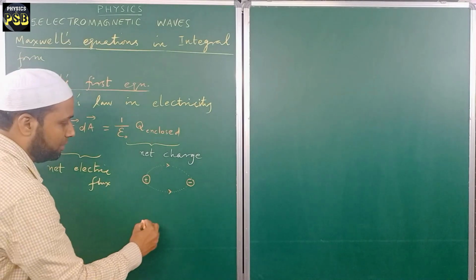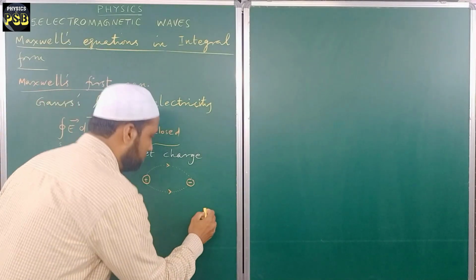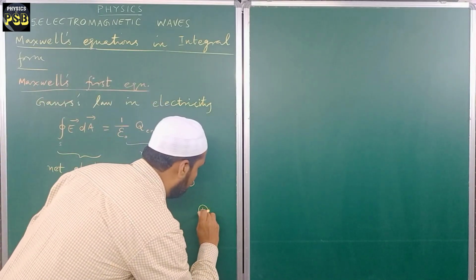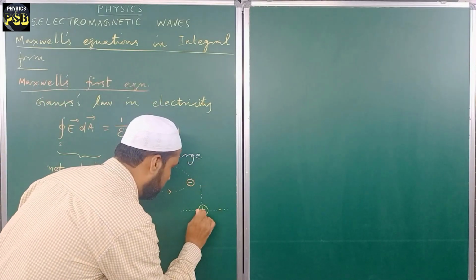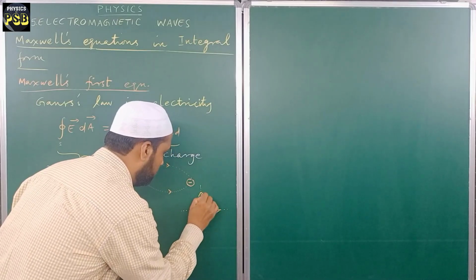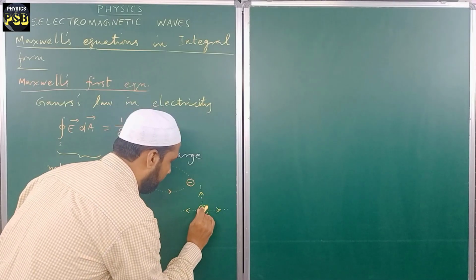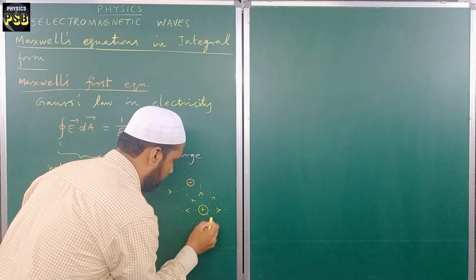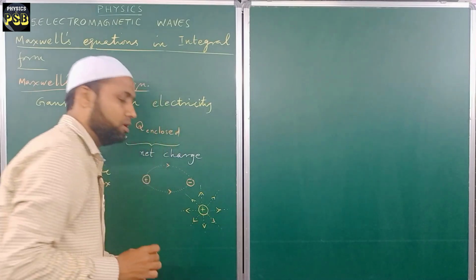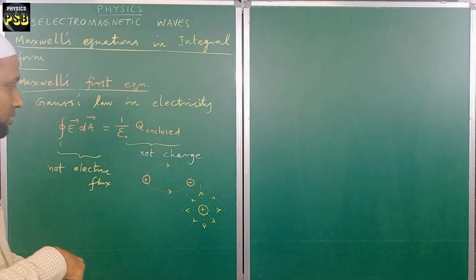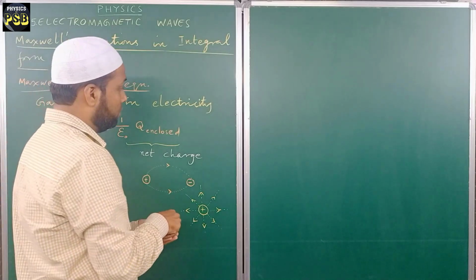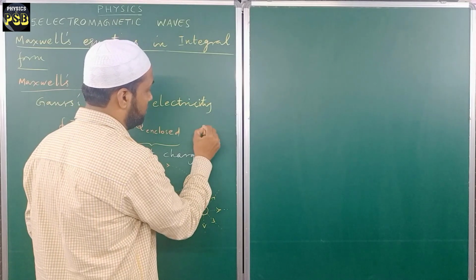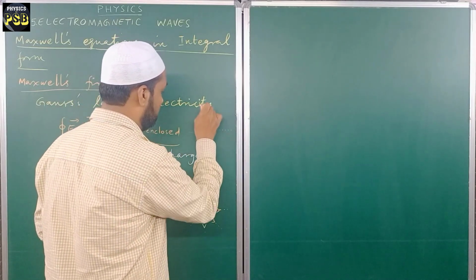So suppose I take a positive charge. This positive charge will have an electric field around it. Now, this is the electric field of the positive charge. In a similar way, the electric field produced by the negative charge is given in this manner.